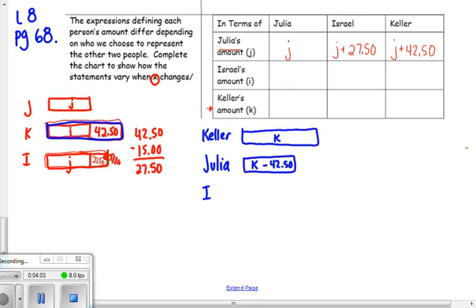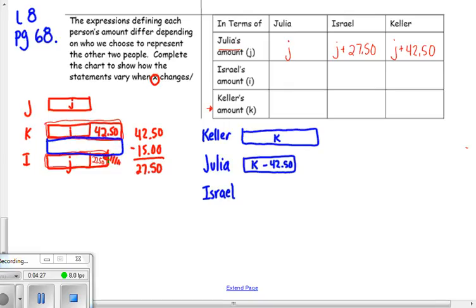Now for Israel. Israel's bar compared to Keller's. Israel's bar is also less than Keller's. Question is, how much less is it than Keller's? Israel earned $15 less than Keller.